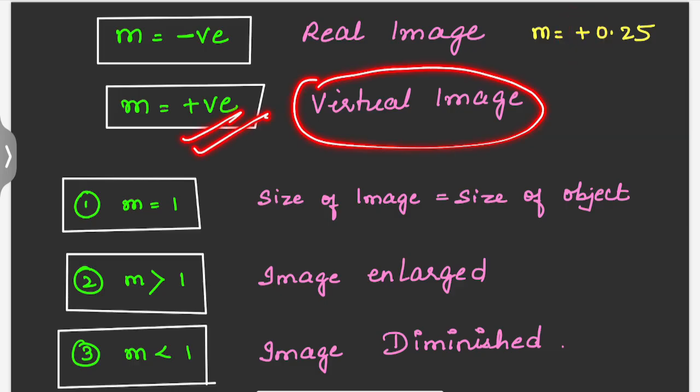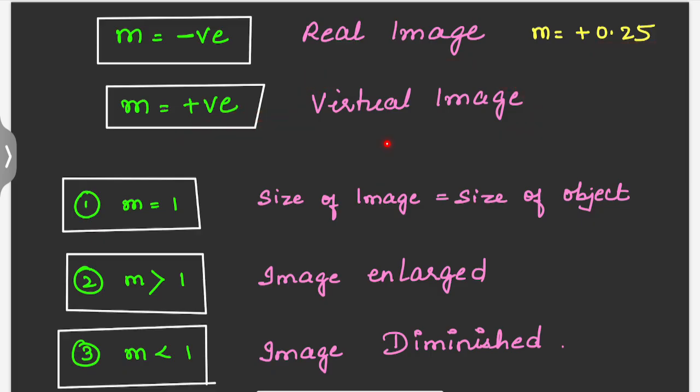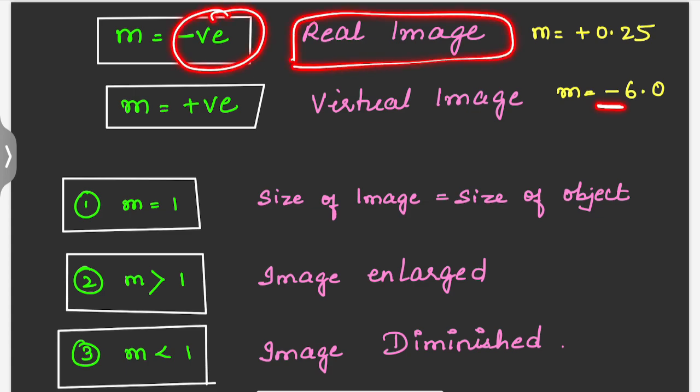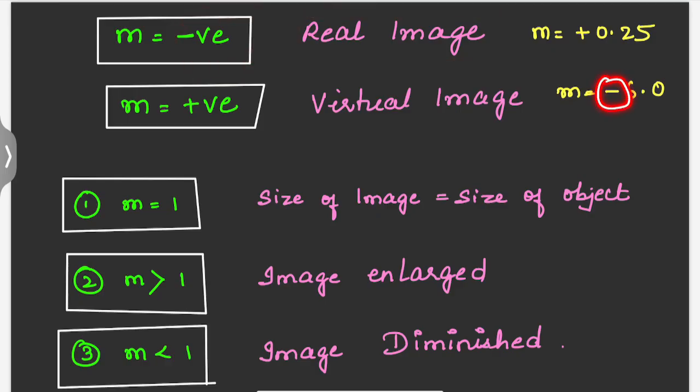If a plus sign is there with the value, you can say that the image formed is a virtual image. Suppose while calculating, you get m equal to minus 6.0. Here there is a negative sign, so this negative sign indicates that it is a real image. By seeing the sign, plus or minus, we can say whether the image formed is a real image or a virtual image.